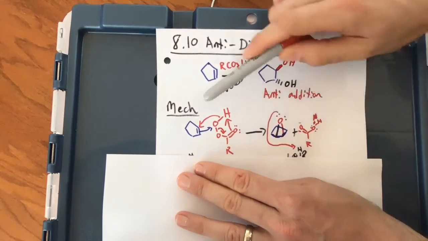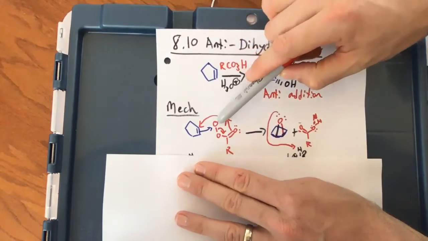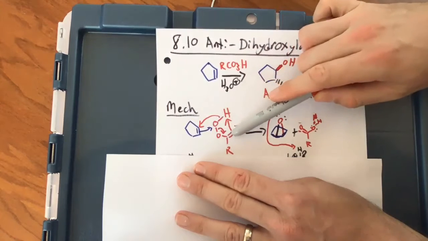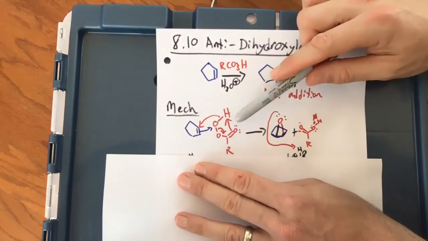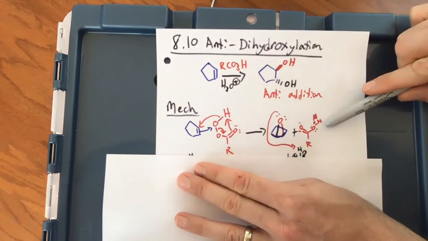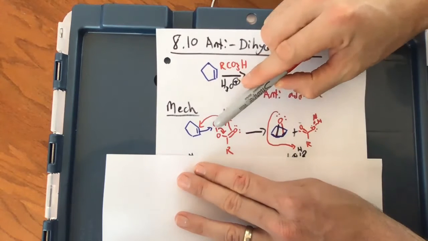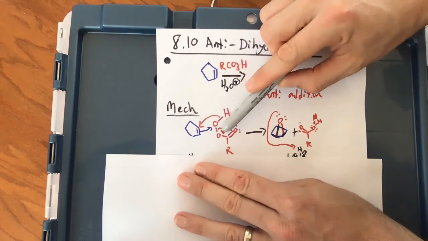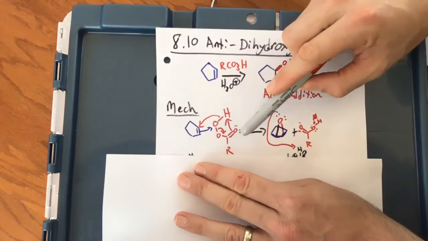Well, upon attacking one part of that kind of ring, the electrons will flow around to make a new product, this acid here, because the oxygen-oxygen bond flows down to the oxygen-carbon bond.